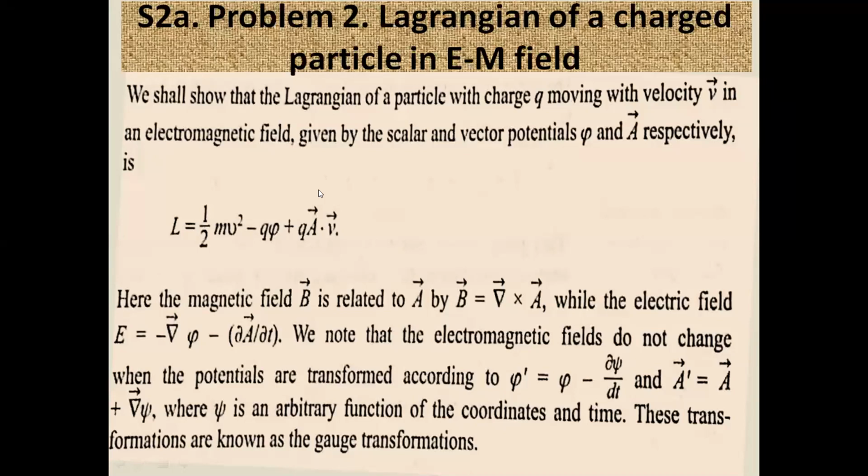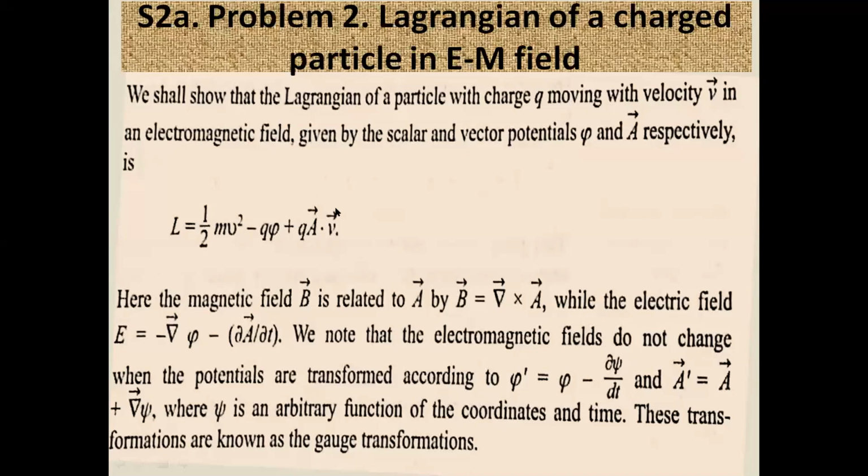I would calculate shortly the Hamiltonian of a charged particle in an electromagnetic field, and I will find that that too involves the vector potential. So with this, I go to slide 2b, which is a continuation of the same problem.